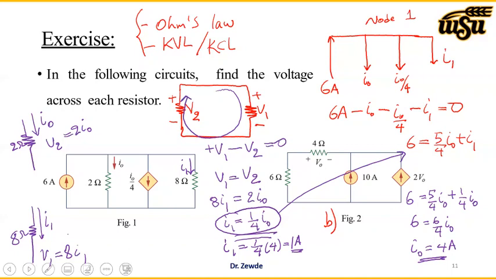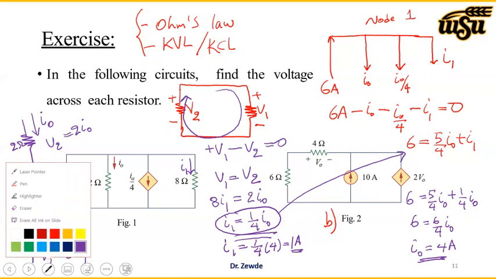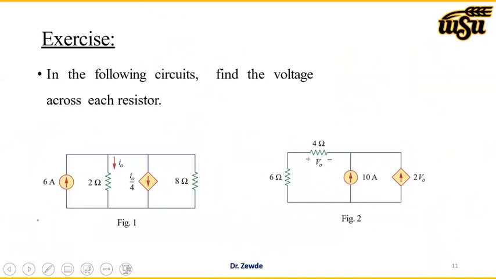If we know I1 and I0, then we can determine all the values. I1 is here, it is 1 amp, and we determine I0, which is 4 amp. Now the question is, find the voltage across each resistor. The voltage across the 2 ohm resistor is I times R, which is 2 times I0.